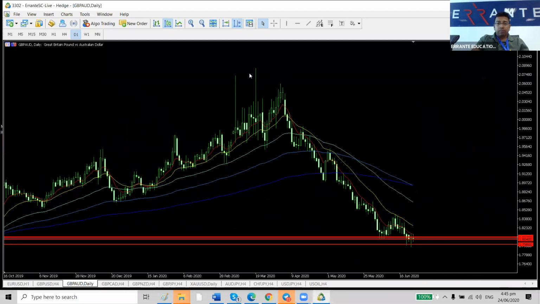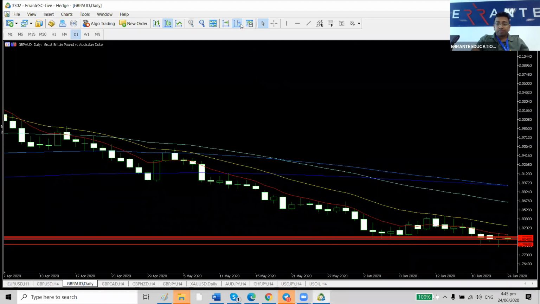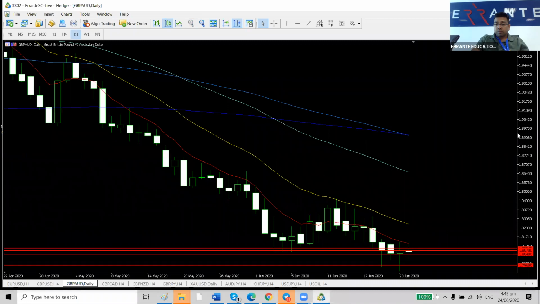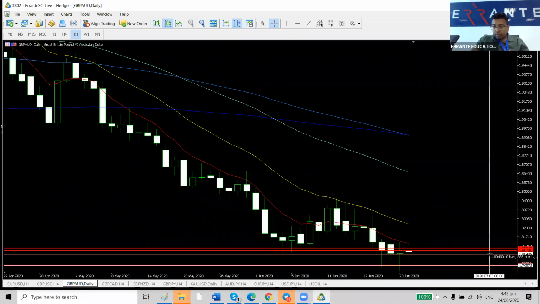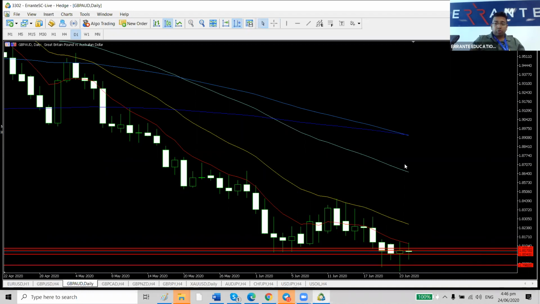So let's see. That alone is about 86 pips. So yes, you've got another potential for GBP AUD right there. But overall, GBP crosses is looking like it is actually to the downside.